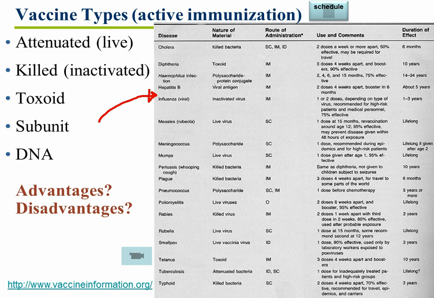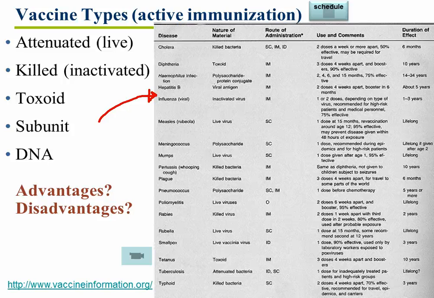The flu mist vaccine, by the way, is attenuated. It's got an active virus. By the way, the flu shot, and we've already talked about this, that is a totally inactivated viral preparation. But there are two kinds of flu vaccines. The flu mist is the one that's taken intranasally, and it's active virus.